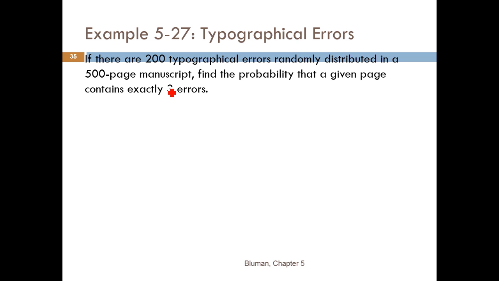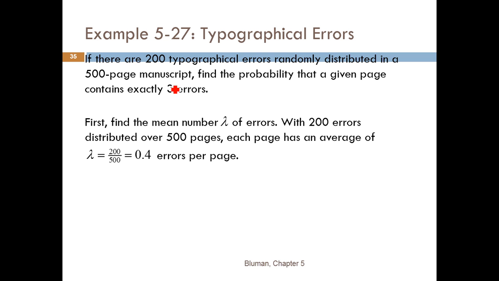In a 500-page manuscript, there are 200 errors. If they are distributed throughout 500 pages, that's an average of 0.4 errors per page. You should always be able to find that average per whatever you're looking at. So what's the probability that any page has 3 of those?